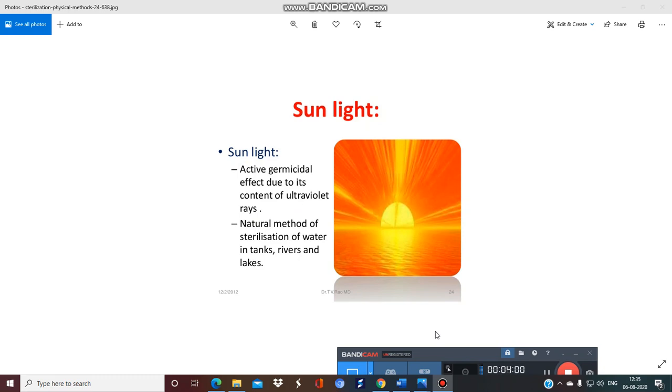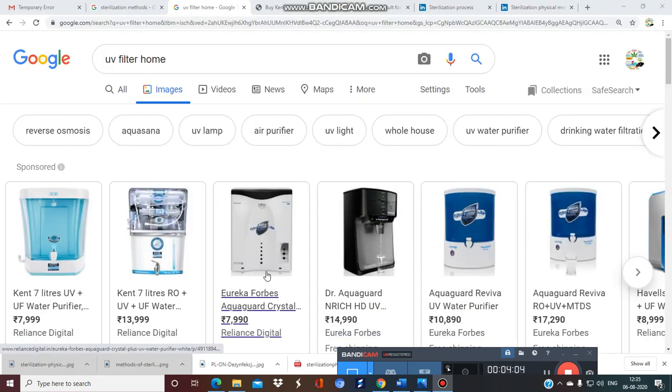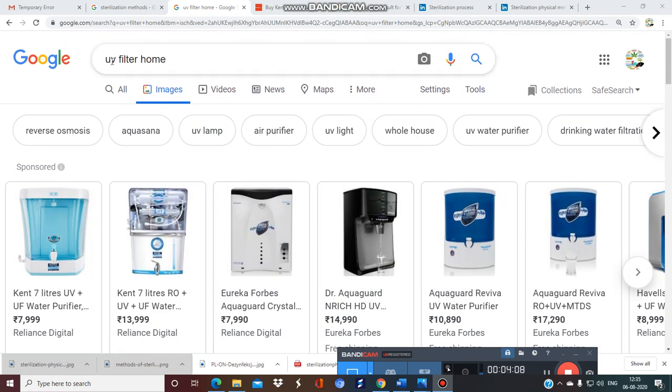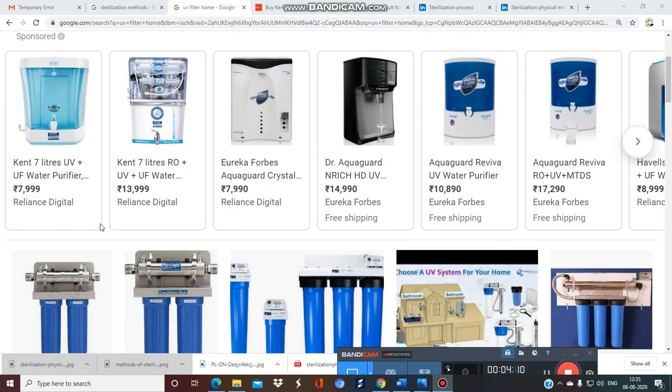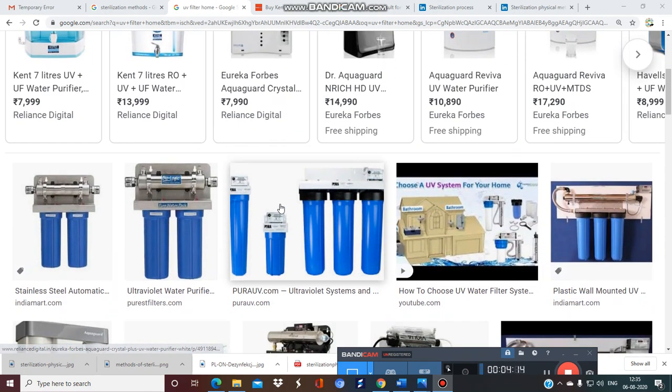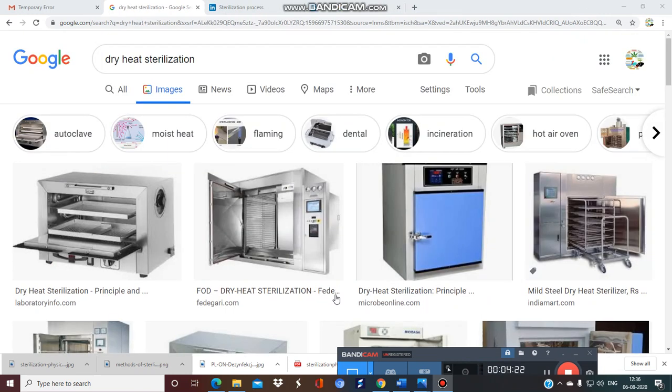And I hope you know UV filters are now available. See, this is what I got when I typed in Google UV filter home based. These are all UV filters plus RO. These are filters that use UV light for disinfecting or sterilizing microorganisms.